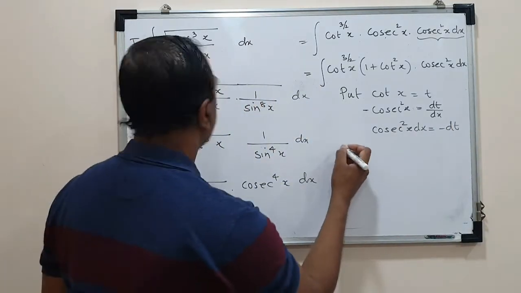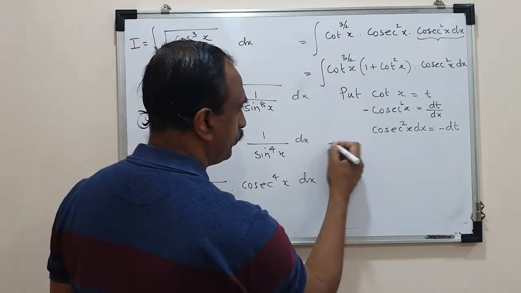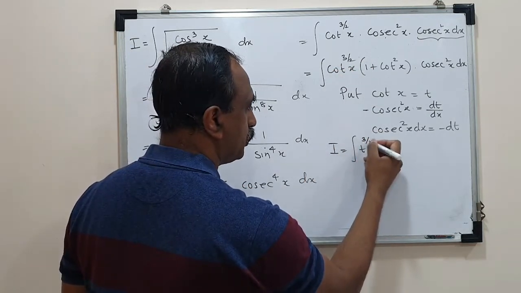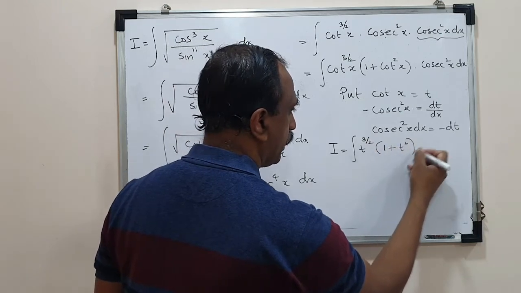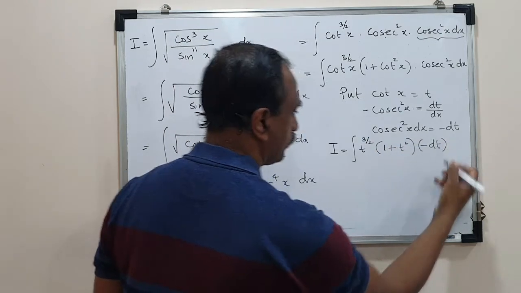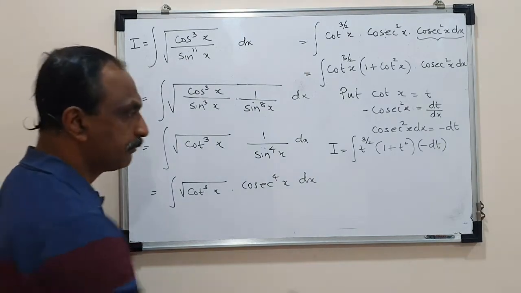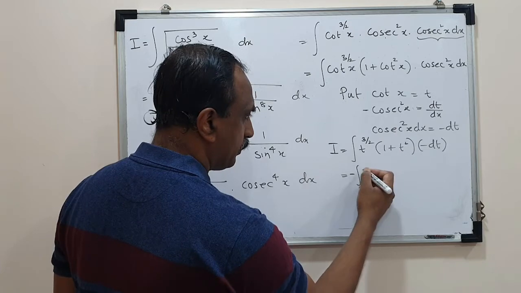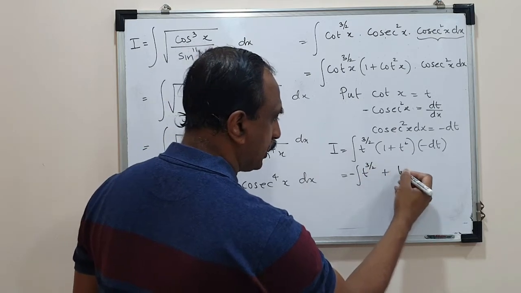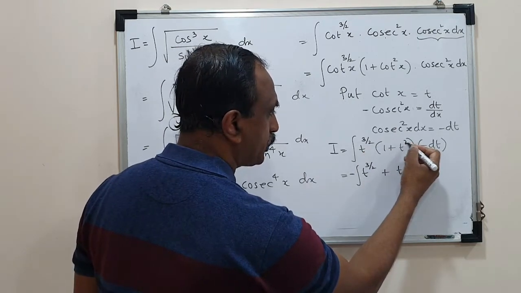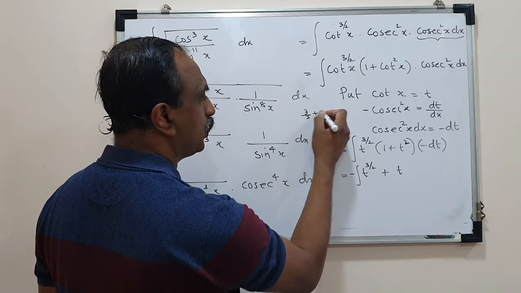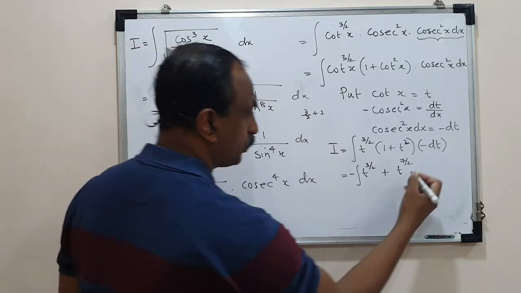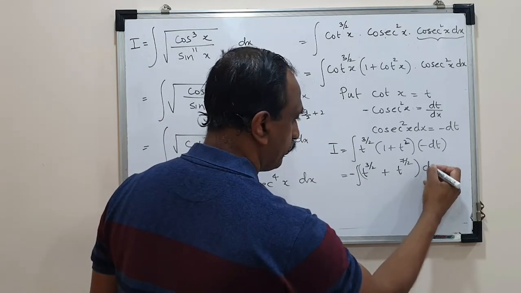So I can write the integral: I is equal to integral of cot x is t raised to 3 by 2 into 1 plus t square into minus dt. This way you can split it. Now open the bracket. Minus, I'll take it outside. T raised to 3 by 2 plus t raised to 3 by 2 plus 2. 3 by 2 plus 2 will give you 7 by 2. 4 plus 3 is 7 by 2, into dt.